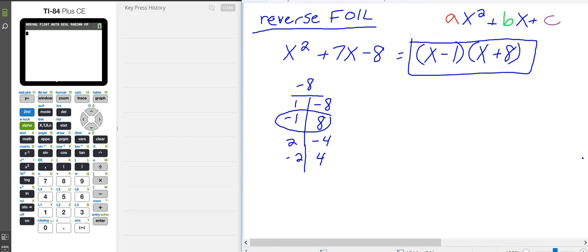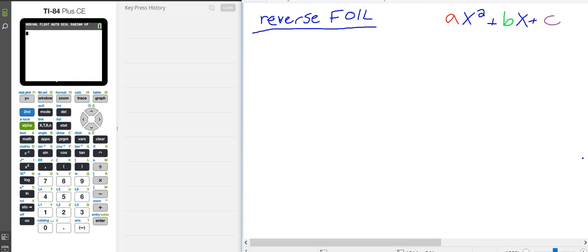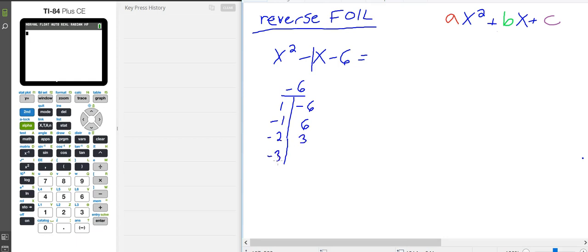Let's do two more examples. Let's say we had x squared minus x minus 6, and we wanted to factor this. We need to find factors of -6 that add up. There's no coefficient. We just assume that's a 1, or in this case, it would be a -1. We need to find factors of -6 that add up to -1. Factors of -6 are 1 and -6, -1 and +6, -2 and +3, -3 and +2.